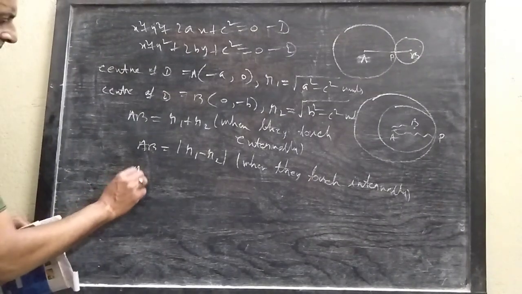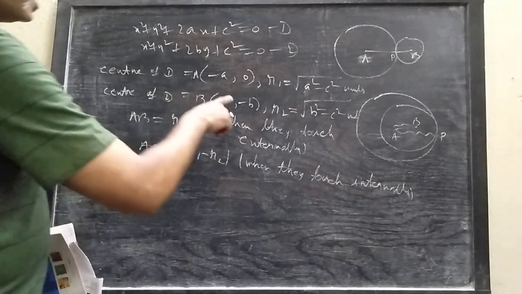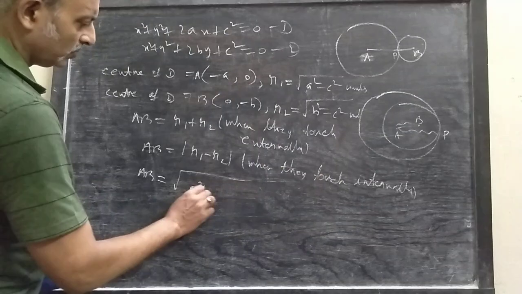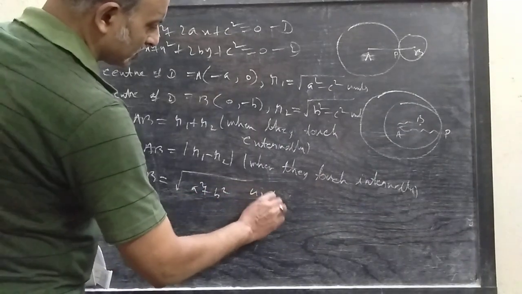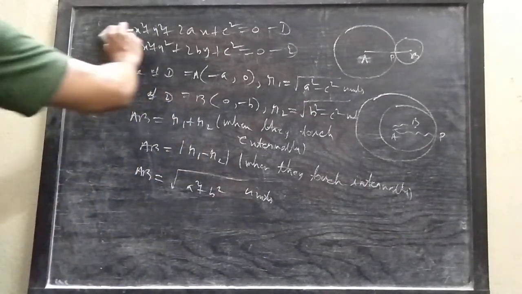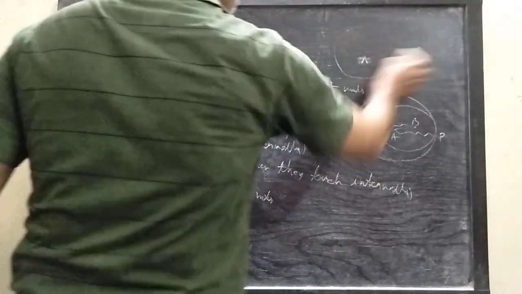First find AB. By distance formula you get AB equals root over of a square plus b square units. Now let us erase all this because we have to do a long calculation.